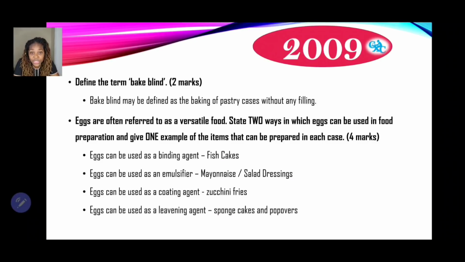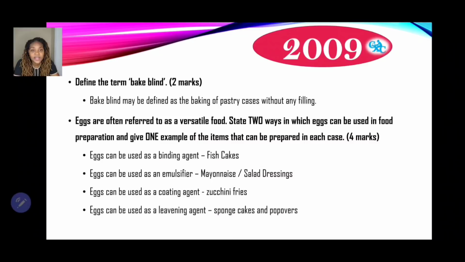Bake the pastry shells first, and we'll prick those, and then we bake them, and afterwards we add the filling. Same as if you're making, say, pineapple cups as well, right? So remember that bake blind is actually baking the pastry case without any filling.